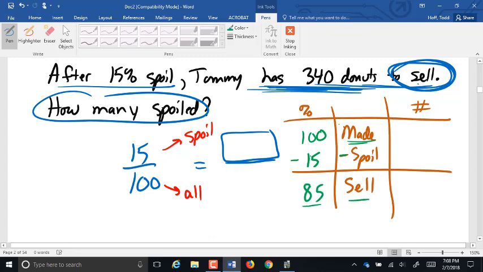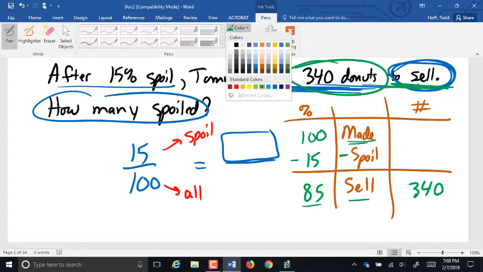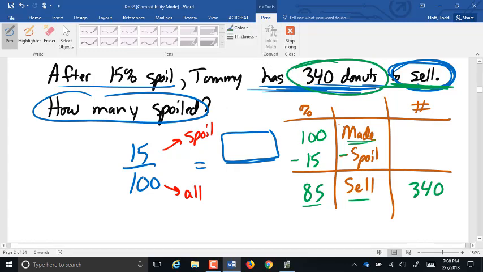The ones that are sold are represented by 85%. The 340 here is the number that are sold. That goes here. What are we looking for? How many that's spoiled, right? So that would be this number right there.